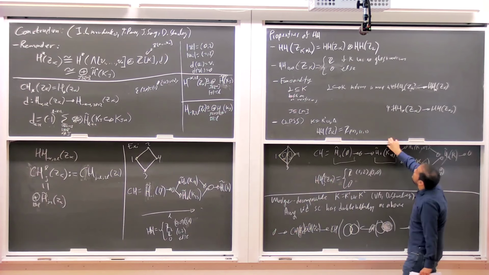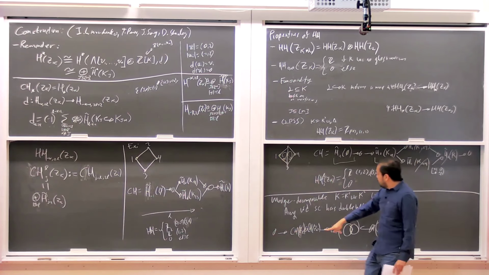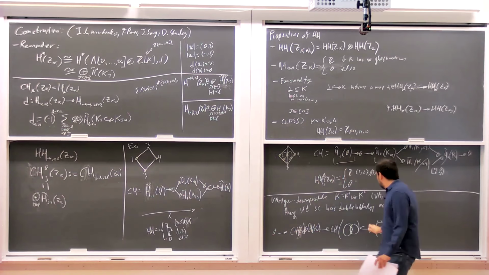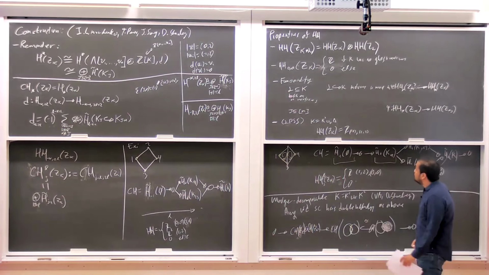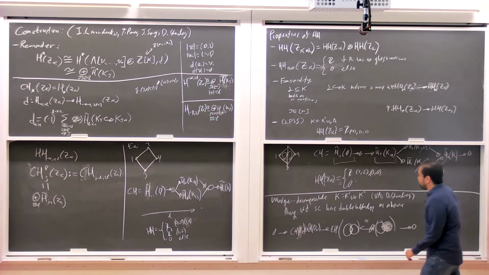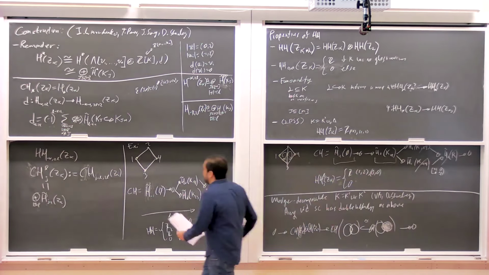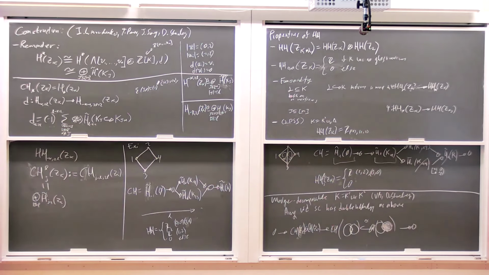And from the second property, this is acyclic. So then this guy over here is a quasi-isomorphism. Okay, so that's the first result that we got about that.